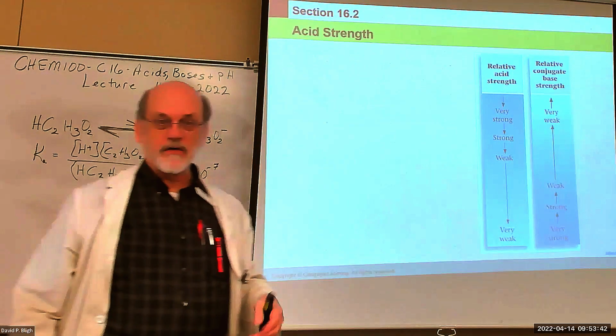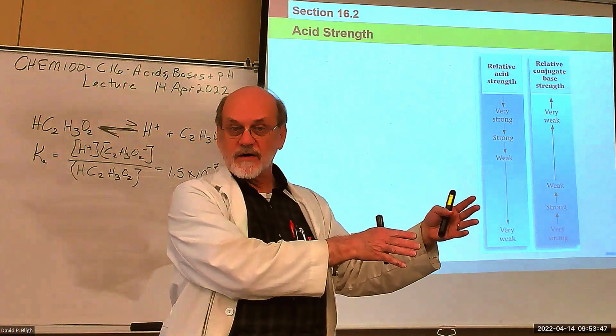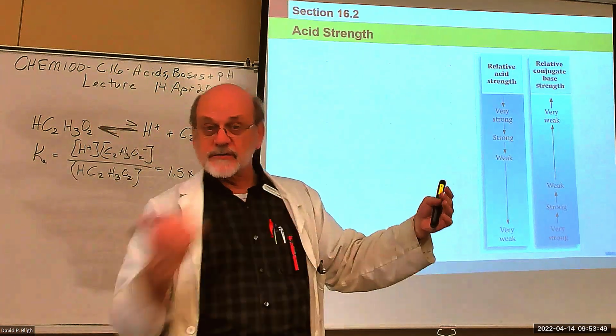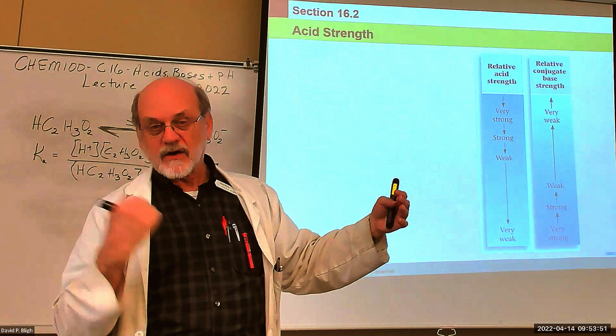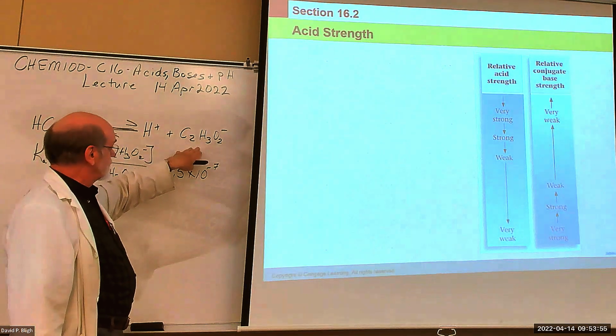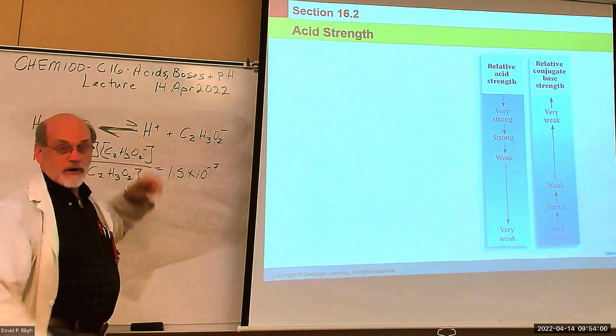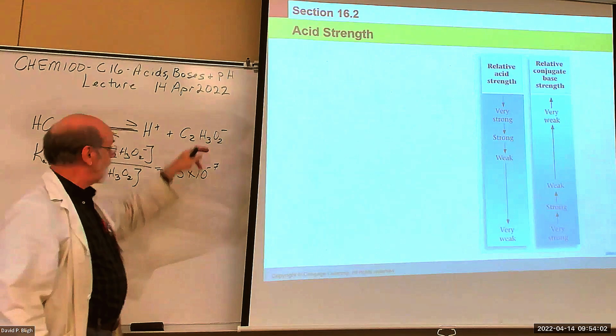So you probably already figured out, if you have a weak acid, then the conjugate base is strong because it wants to be back on that other side over here. There's very little of this because it wants to be over here. So if you put any more of this in there, it's going to snap it up and go back this way.